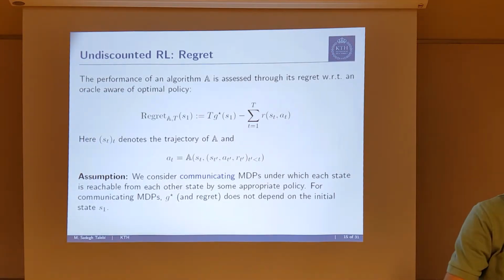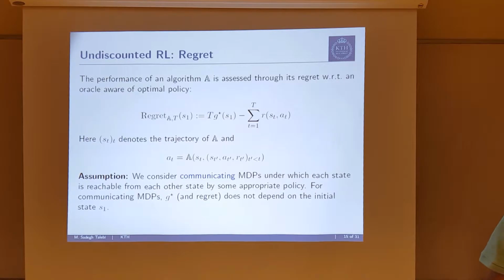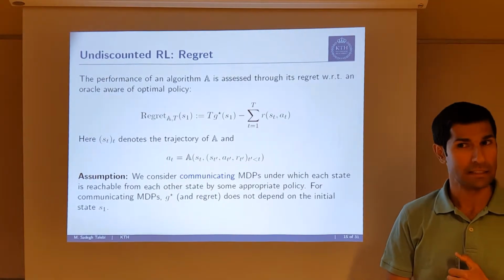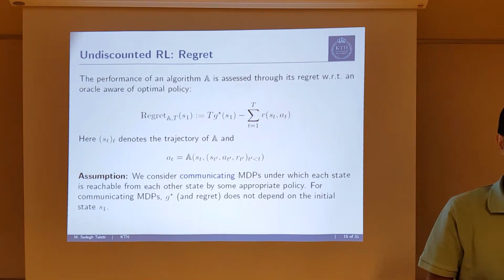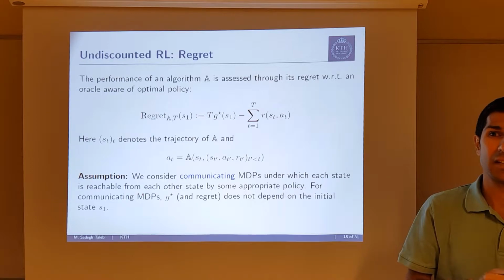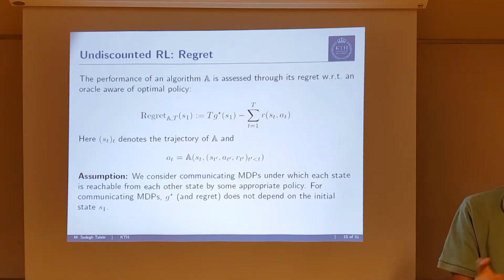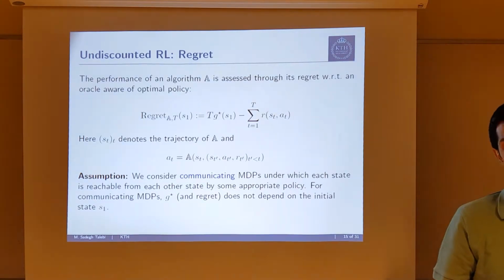So any ergodic MDP is communicating, but any communicating MDP is not ergodic. For example, if you model this maze thing or this kind of task as an MDP, usually they are not ergodic. If you make the ergodic assumption, life is much simpler. It's still not very simple, but much simpler than communicating.